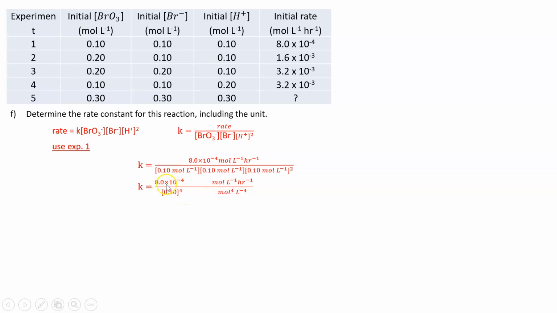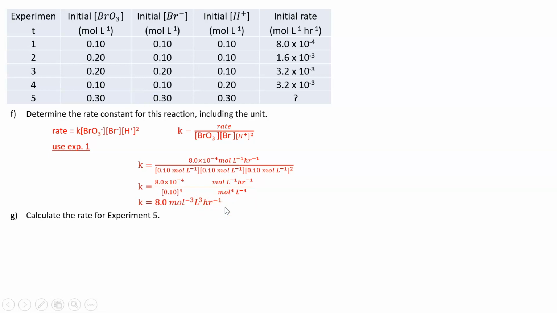And then I've got 8.0 times 10 to the -4th on top, moles times inverse liters times inverse hours, and then down on the bottom, we've got to raise our units also to the fourth power. So moles to the fourth, liters to the negative fourth. I end up with 8.0 moles to the negative third, liters to the third, inverse hours.